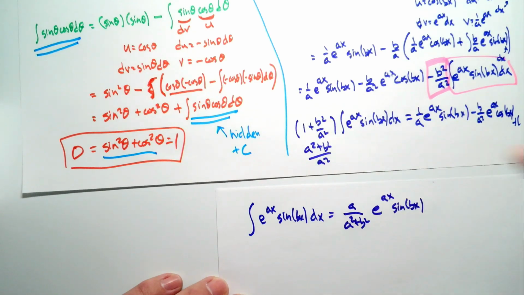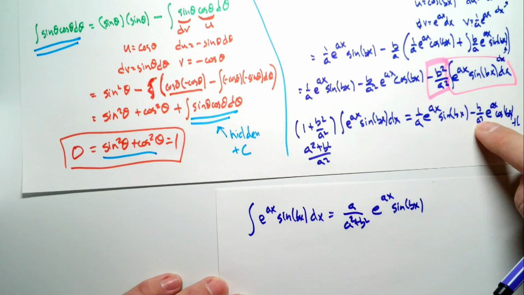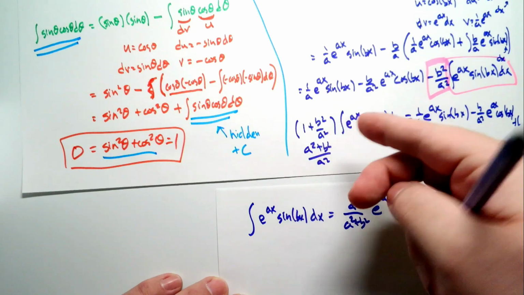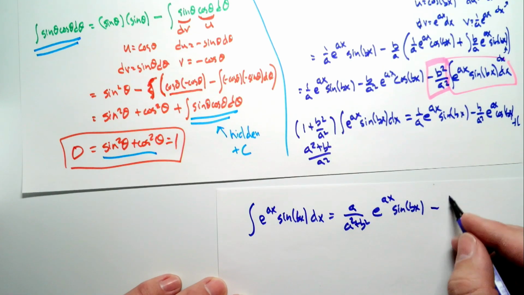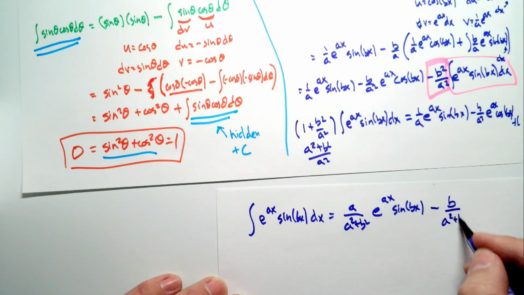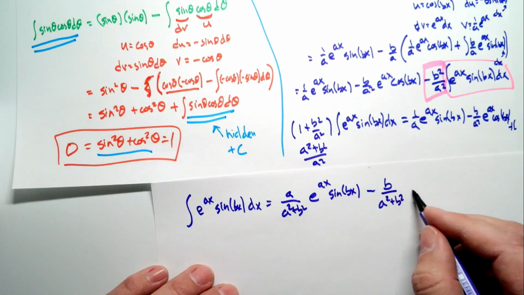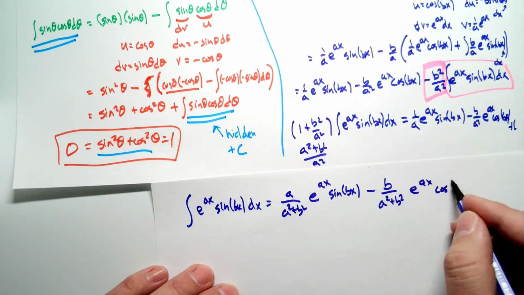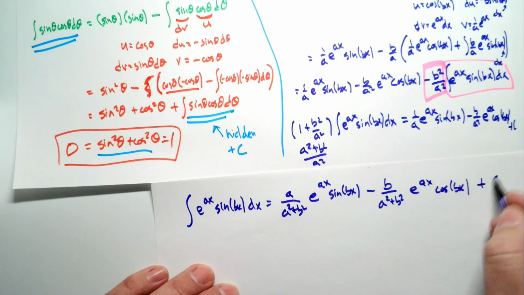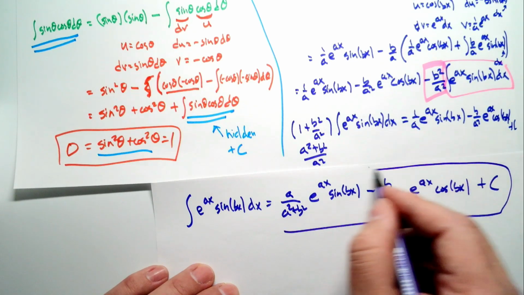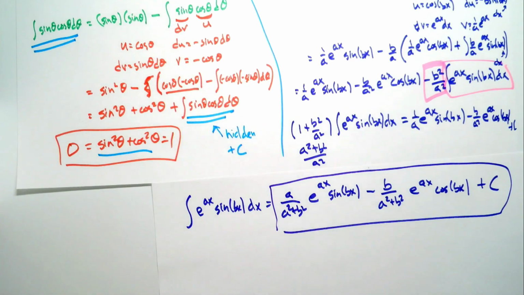And then again, when you do a reciprocal, you get an a squared here. That's going to cancel with the a squared. So minus b over a squared plus b squared e to the ax cosine of bx. And then the c can absorb the constant. And that's it. That's the antiderivative. So it's integration by parts twice, rearrange, life is good.